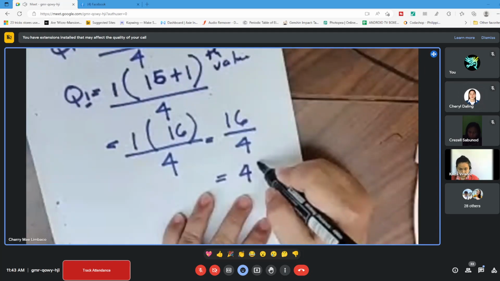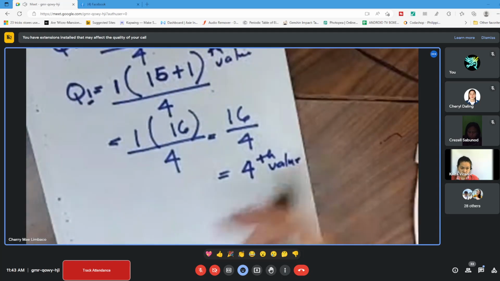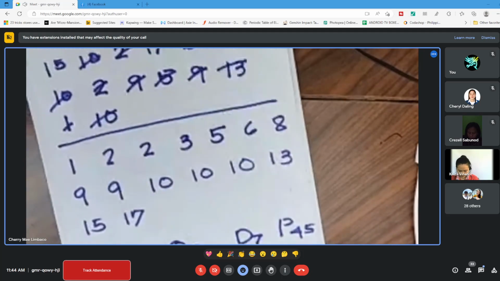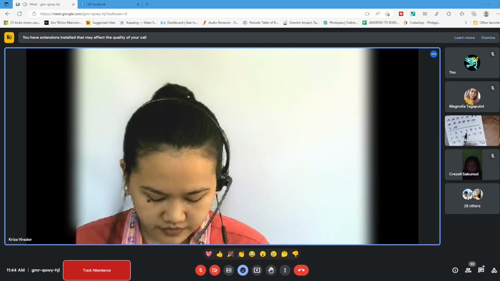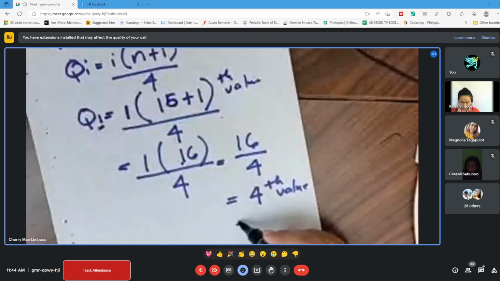So, this is now the fourth value. Kay median man. So, mubalik ta karon sa ato ang data, gikan sa lowest nga score. Unsa nga tong fourth nga value? 1, 2, 3, 4. 3. So, ang atong answer din 3.